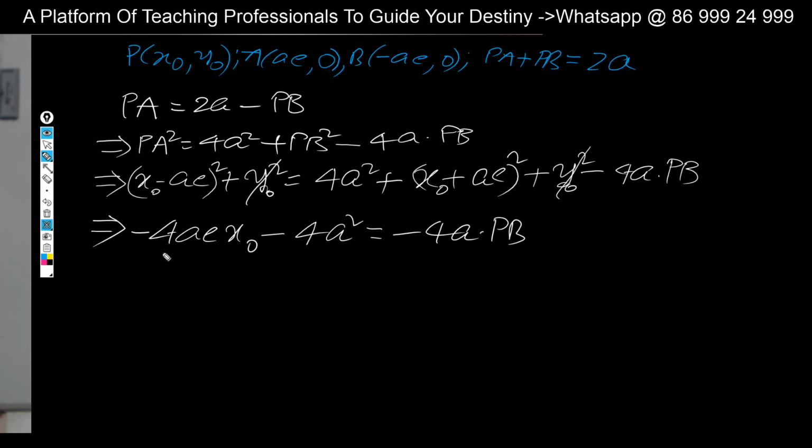Divide with minus 4a. You will get ex naught plus a is equal to PB. Now square it.